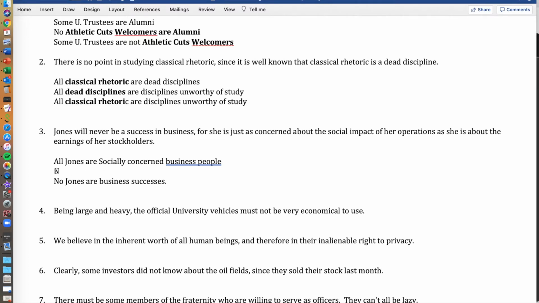I know this is negative, so I can make it the predicate term of the missing premise, and then it will be distributed because predicates of negatives are distributed. So we'll put it right in there as the predicate term.